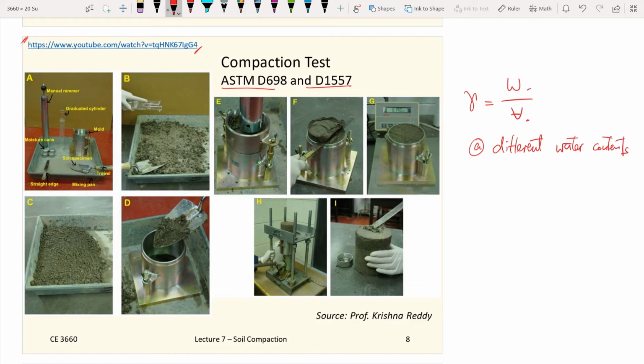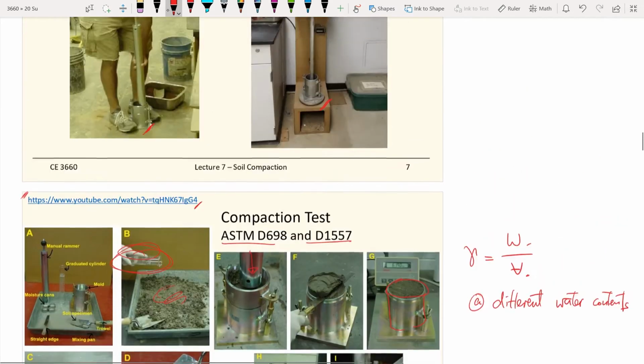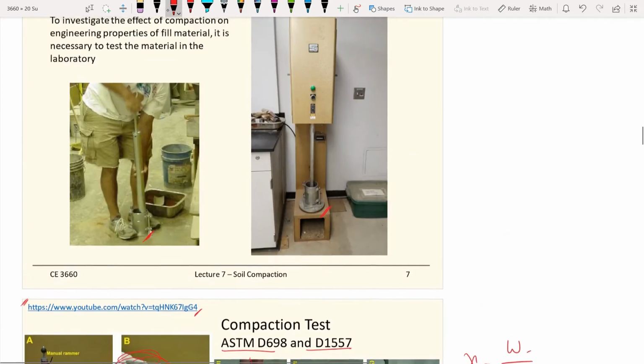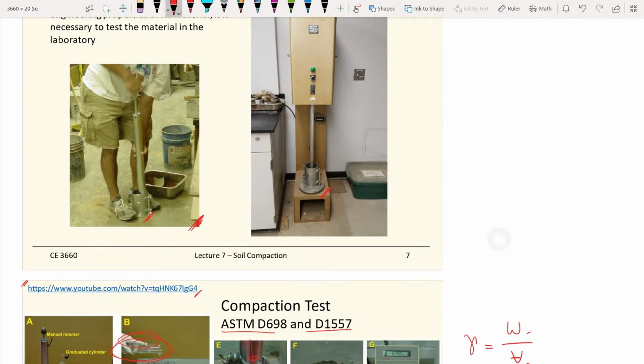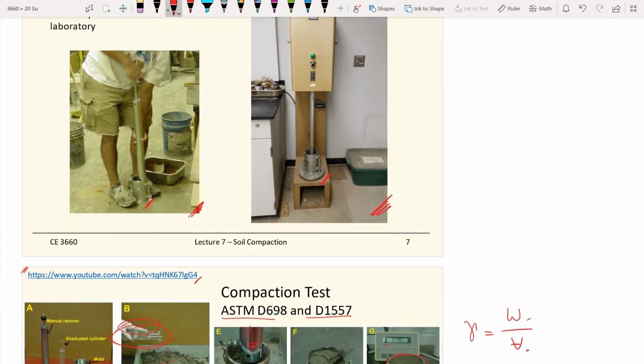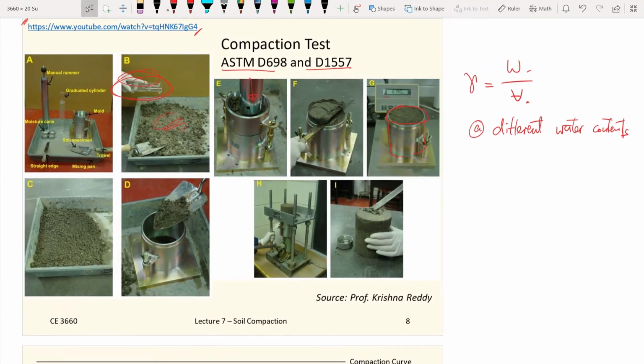So for the ASTM standard, this is the volume. You prepare the soils here by adding different amounts of water. So it's not just one test; it's at least 5 to 6 tests, and for each test you add a different amount of water, and then you do the compaction either manually here, or automatically here, with a different type of compaction effort.